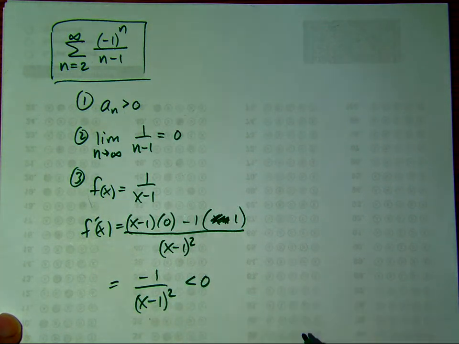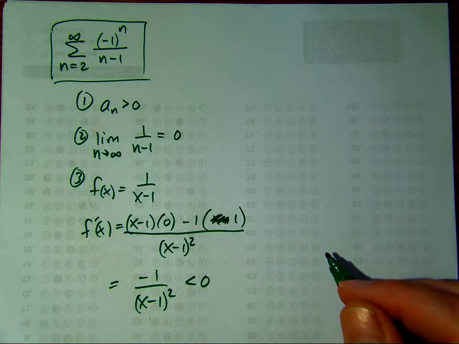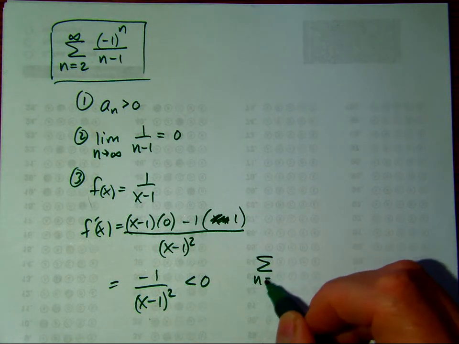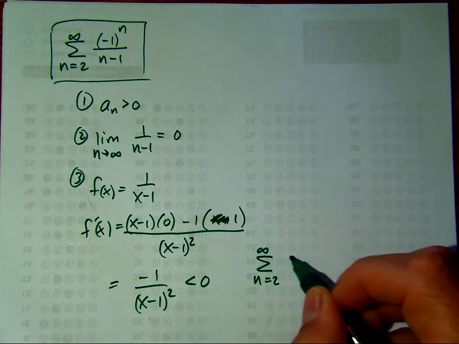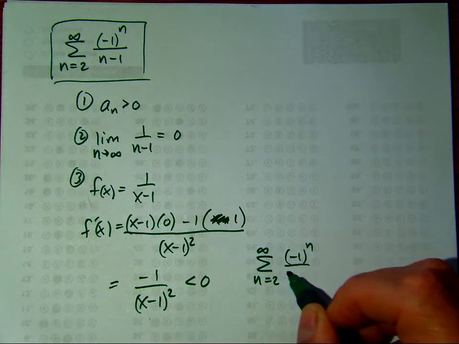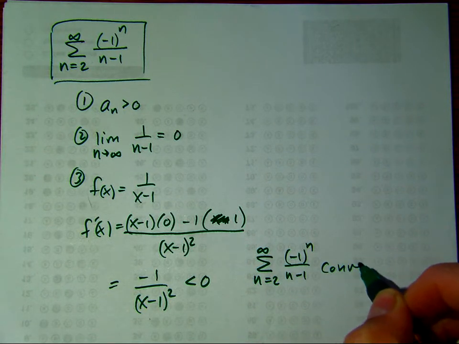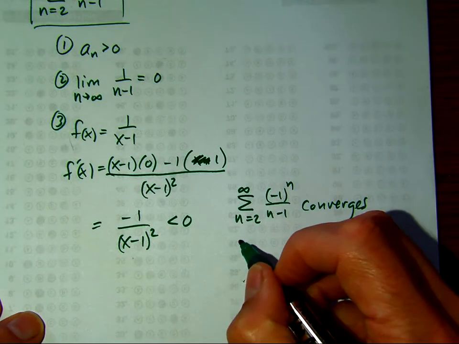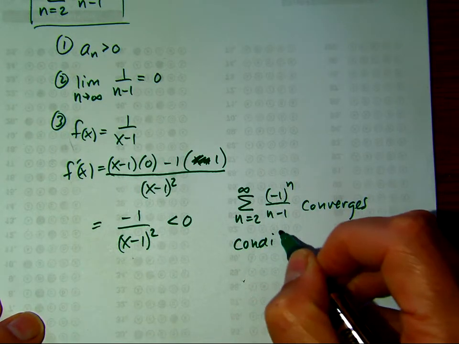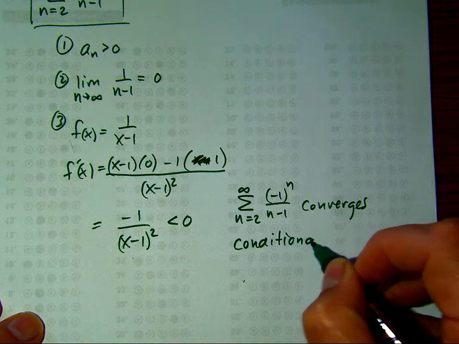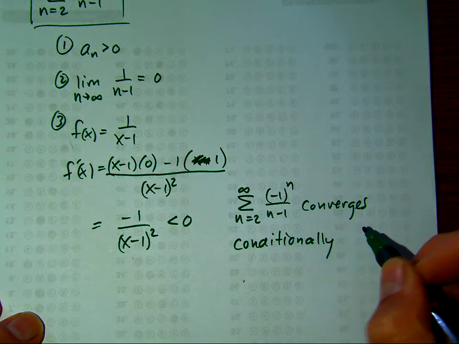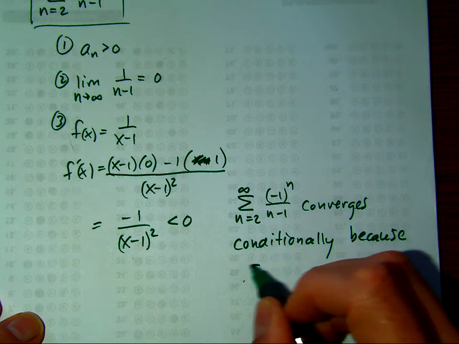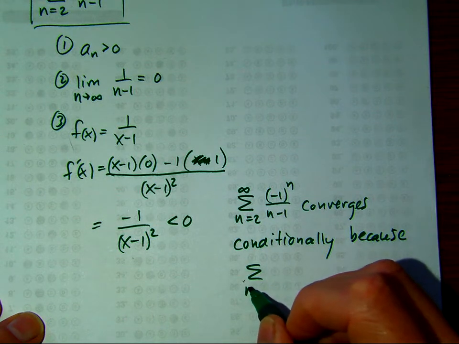So we know that the series converges conditionally because without alternating it would diverge.